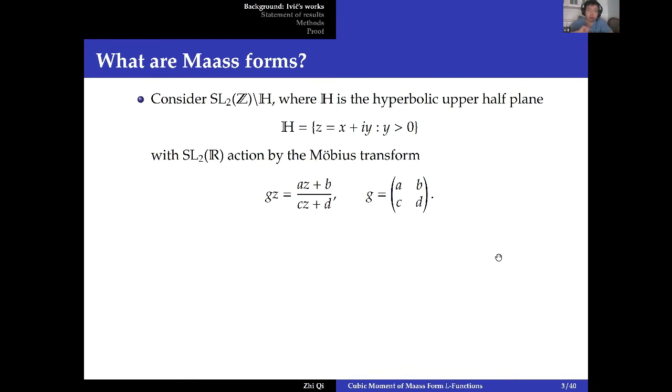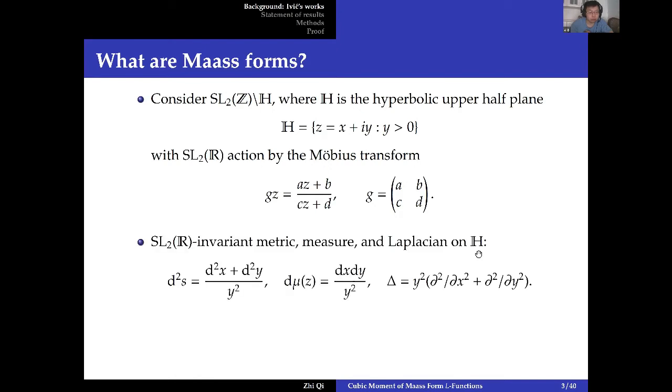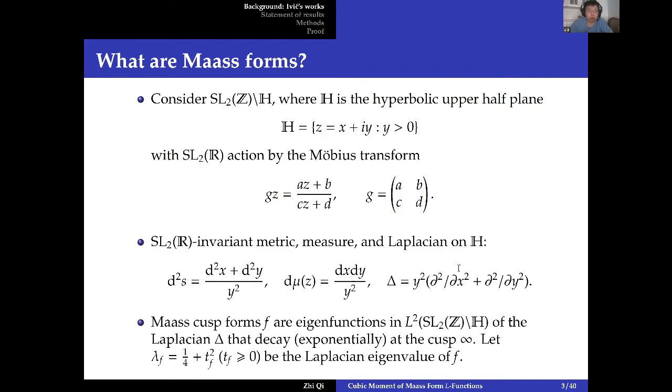We're going to work with Maass-form L functions, and the space we're talking about is also the modular surface, H modulo SL2Z. We're concerned with cusp forms, and we are looking mainly at the Laplacian eigenvalue, which we take to be again 1/4 plus TF squared, and this TF squared will be our main parameter here.